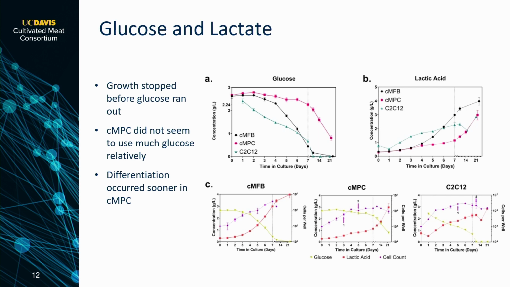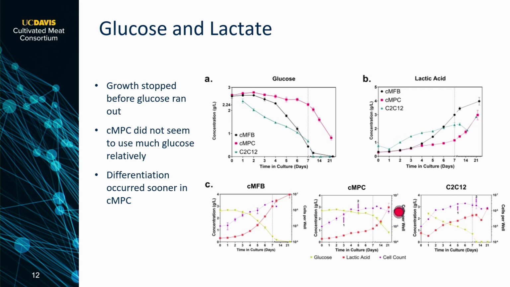So for example, we can see with that pinkish line in the top that the glucose utilization of the CMPCs, or the chicken muscle precursor cells, was not as extensive or rapid as the other 2 cell types, even though they were still growing roughly similarly to the other cell types, as you can see with the purple lines in the lower graphs, which are the cells per well.